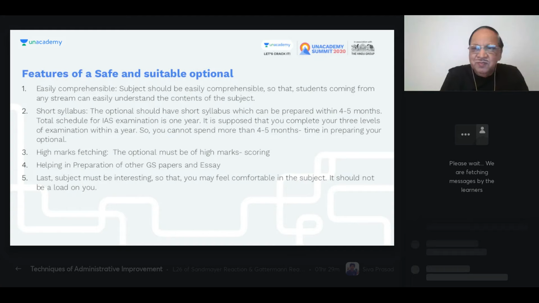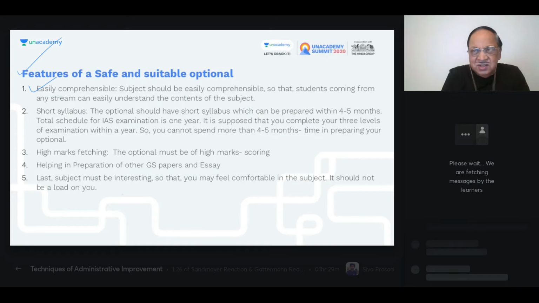So you must first know what features a subject must have to give you proper support. They are as follows: features of a safe and suitable optional. Listen carefully. The first is that the optional subject should be easily comprehensible.